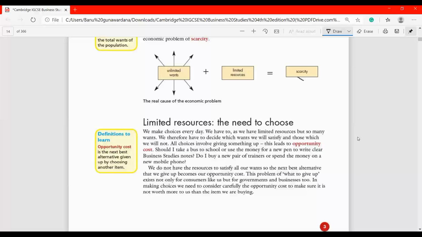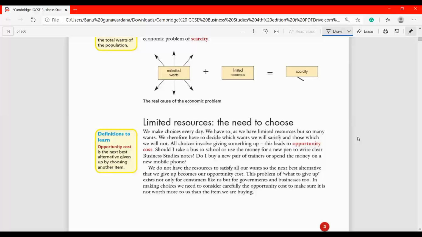So in that scenario, you will have to make a decision on what to purchase, either the bag or the video game. So in this situation, you have to make a choice. Let's say you made the choice to buy a video game.